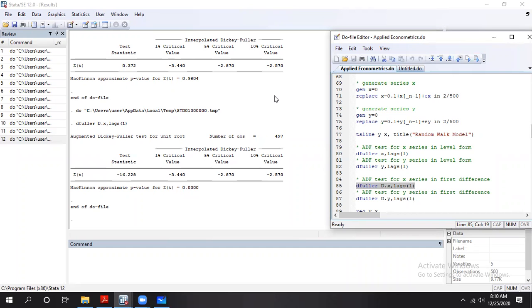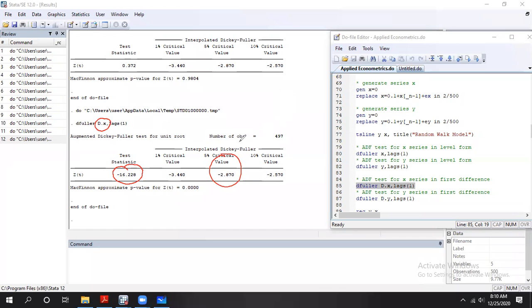Look at this, X at first difference. We can see that the t-statistic is much smaller compared to the 5% critical value of negative 2.870. So we reject H0.